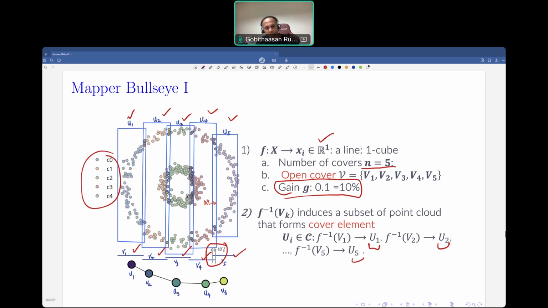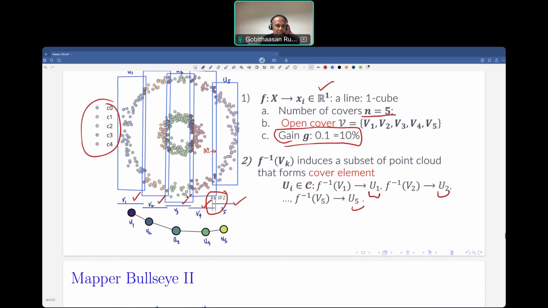Once you do DBSCAN, you see they are overlapping. C1 is the first cluster, and the clusters are overlapping each other. So you end up getting a mapper graph as such. U1, U2, U3, U4, U5 correspond to the clusters.